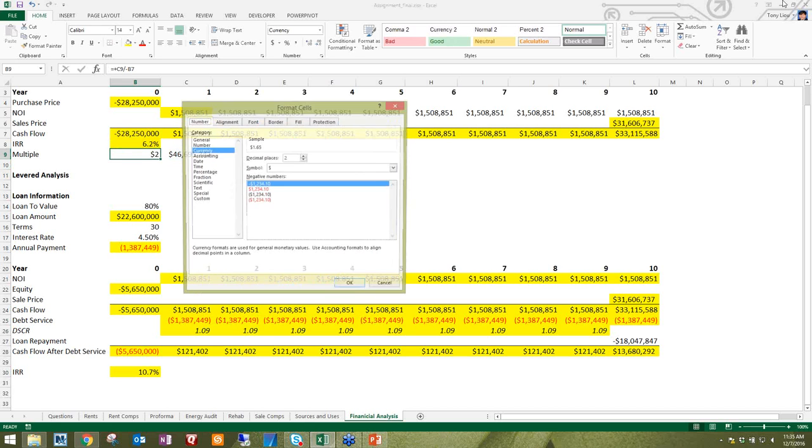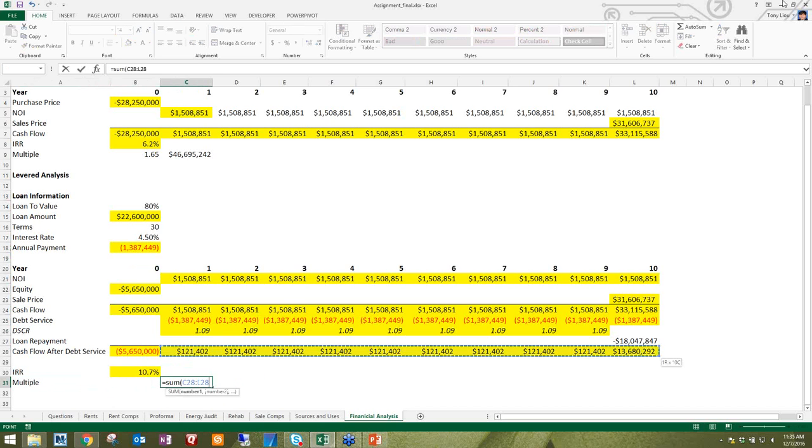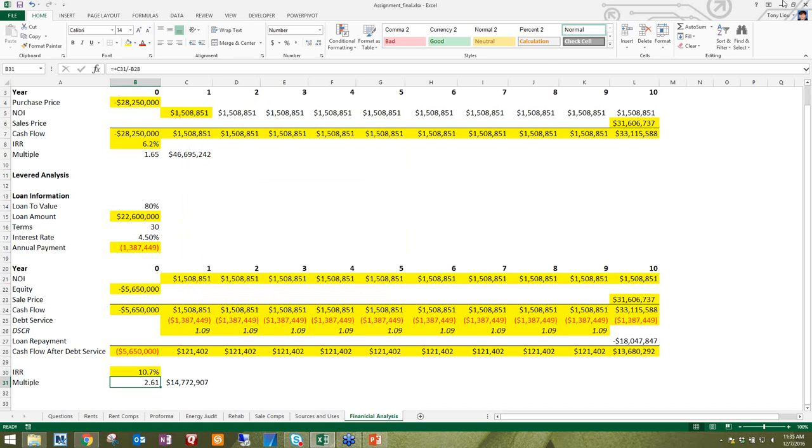So it's a 1.65, and then your multiple here is going to be, so the total string of cash here is going to be this, and then your multiple will be your total in divided by your total out. So 2.6. So that's, again, the multiple.